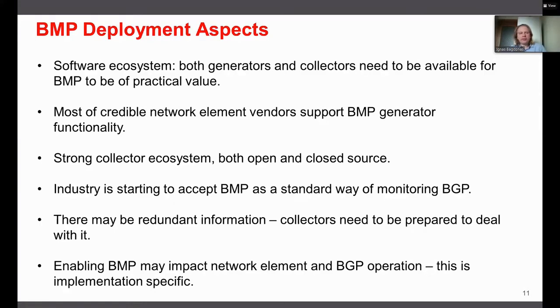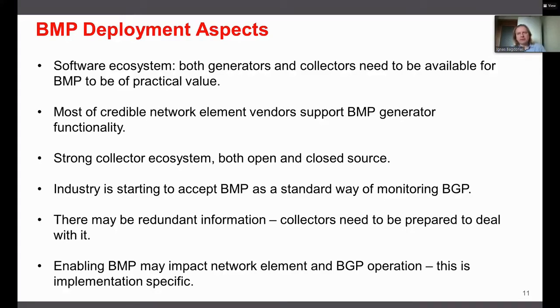BMP itself is quite chatty. If you look at the previous example of monitoring, for one advertised update for a prefix, you might get multiples, 6 in general, probably even more if you are doing some other things, BMP messages generated.